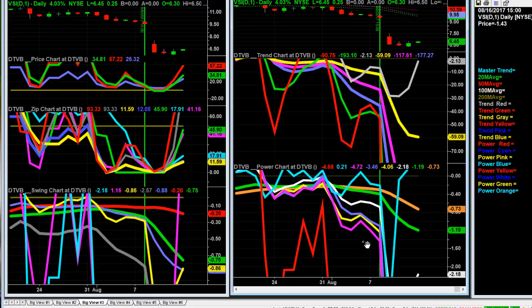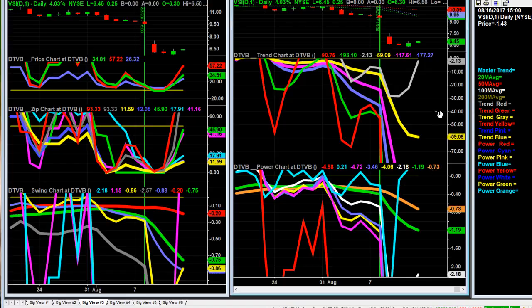Now, Zion is above orange and the power 4 is under orange, but all 5 lines are under 0, and so their location is under 0. Oftentimes when you have a gap up pattern, the power 4 will be above 0 or above the power orange line, and power Zion may be under the orange versus above the orange, but if it's above the orange, it's certainly a gap up situation as well.